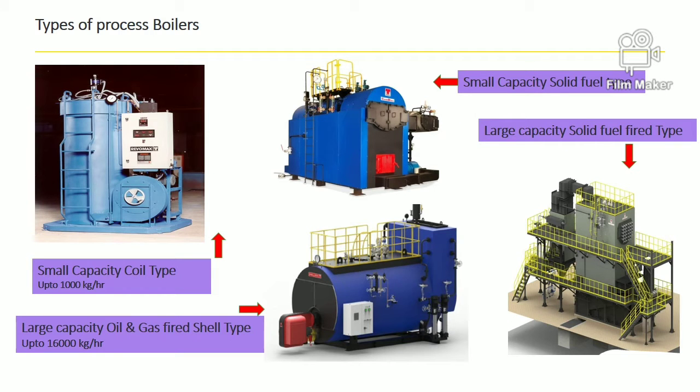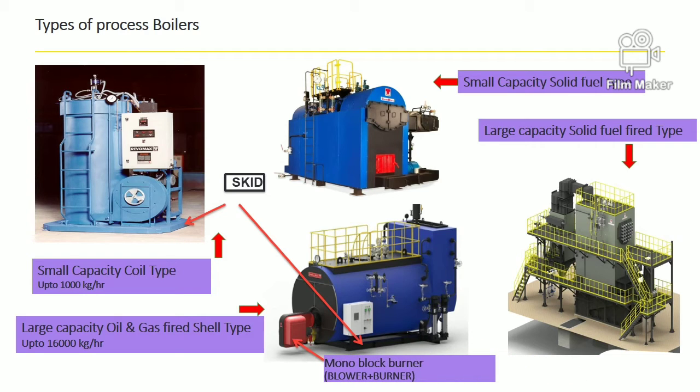The slide shows you various images of typical process boilers. You can see small capacity coil type boilers are mounted on skids and they don't require any special foundation. Also, you can see monoblock burners are used in large capacity oil and gas fired shell type boilers.